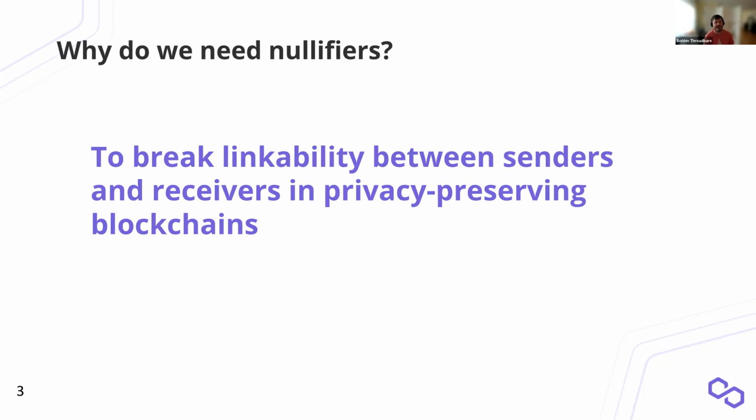In privacy-preserving blockchains, for example Zcash, which was one of the first, or maybe even the first, to pioneer this, we want to break this linkability. You shouldn't be able to know who sent funds to whom, or who received funds from whom, and so forth. Nullifiers are a tool used to do this.